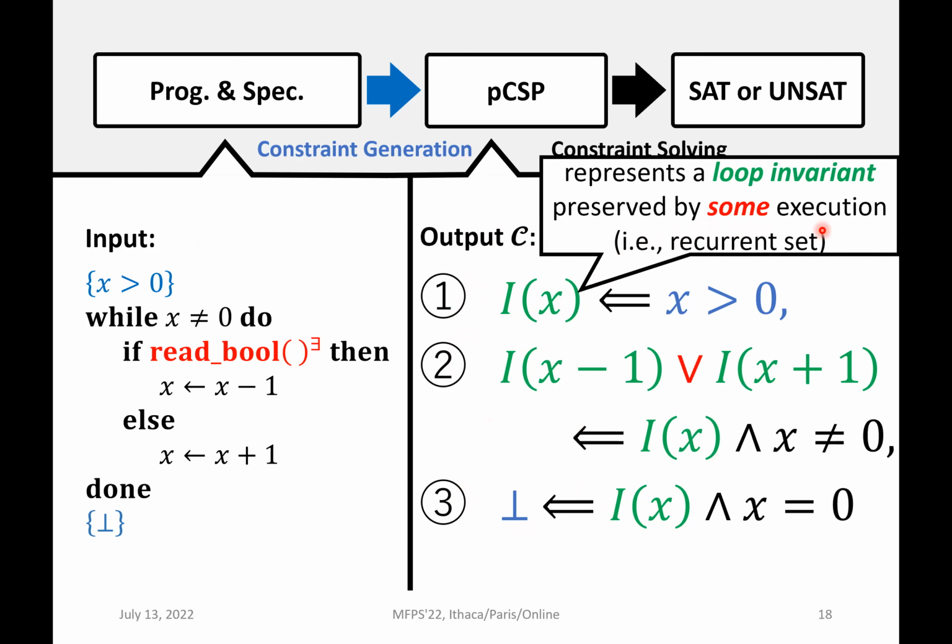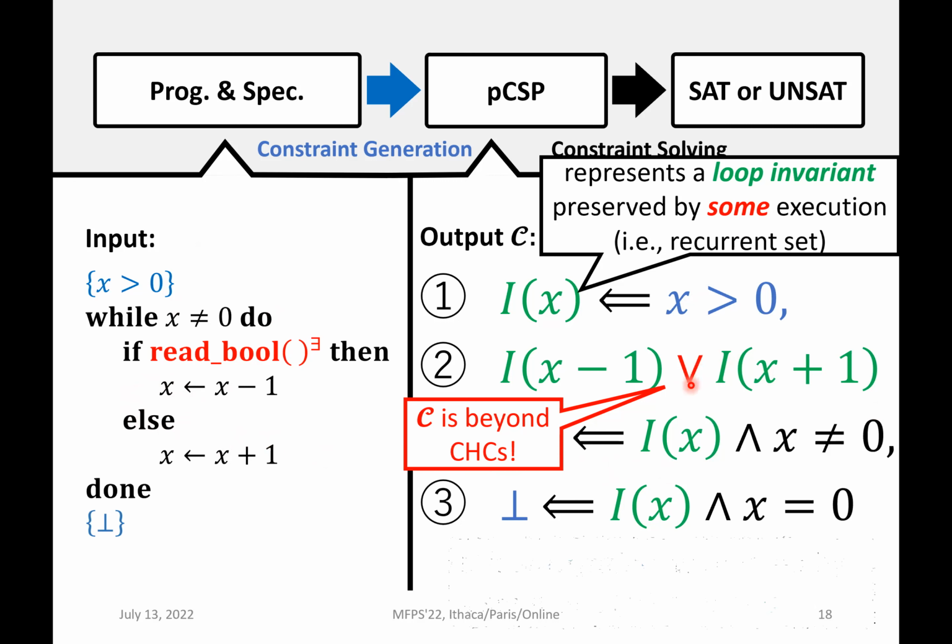Please note here that we have a then branch and an else branch in the body of the loop. And the second clause requires that the loop invariant is preserved by either of the branches. So we here introduce the head disjunction to represent that I is preserved by some execution, some branch.